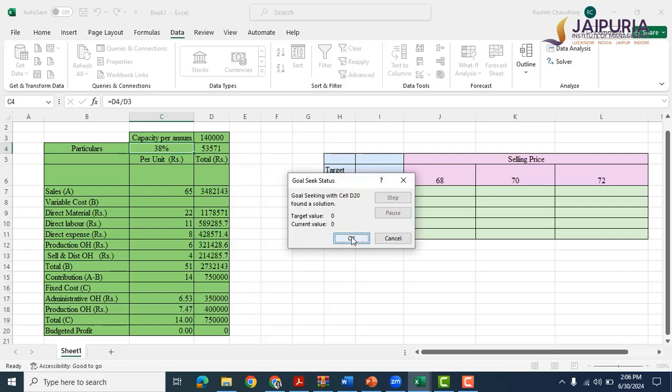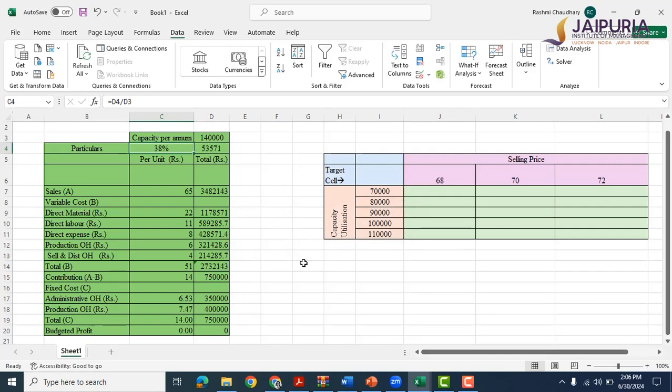So just pressing OK, the value that's coming out is 53,571 units. If you sell these many units, you will have a no profit, no loss condition. So if you are working at a capacity of 38%, you are able to achieve the break-even point.